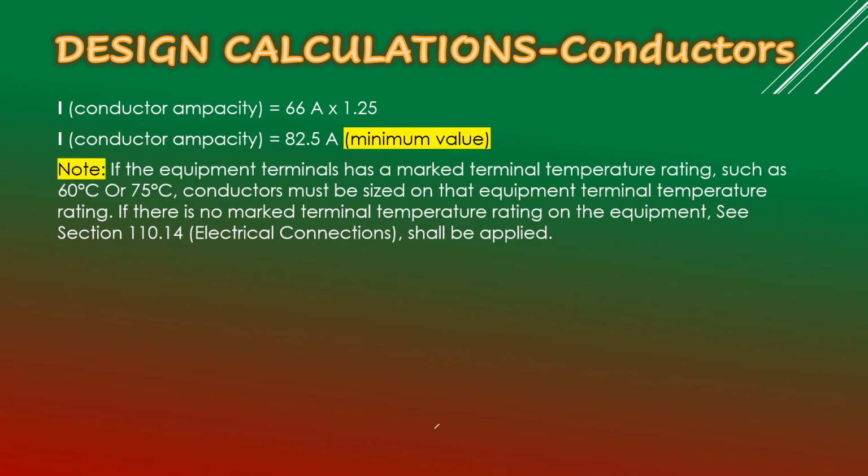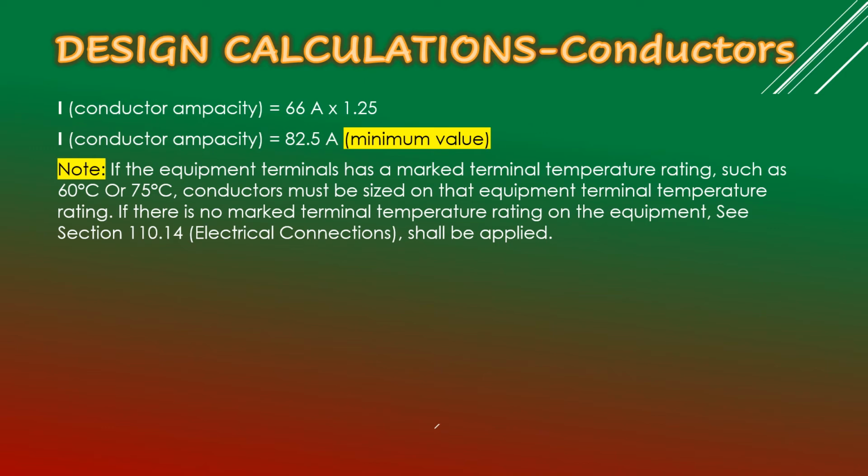Note that if the equipment terminals have a marked terminal temperature rating such as 60 degrees centigrade or 75 degrees centigrade, conductors must be sized on that equipment terminal temperature rating. If there is no marked terminal temperature rating on the equipment, see section 110.14 on electrical connections.